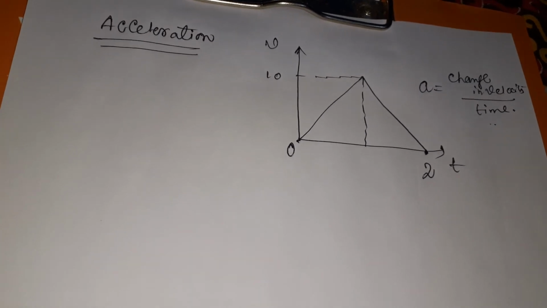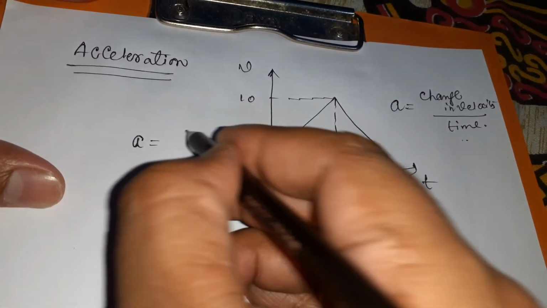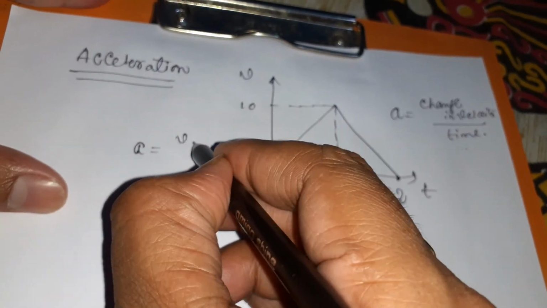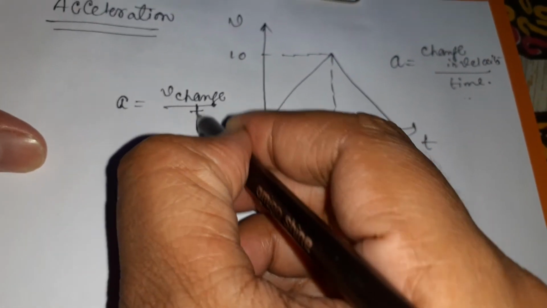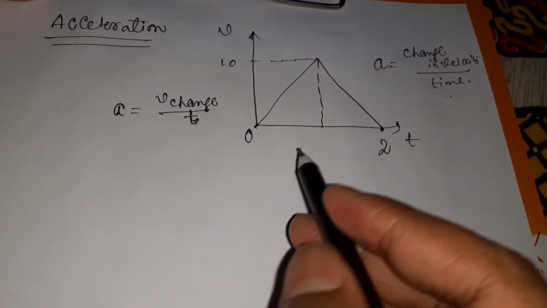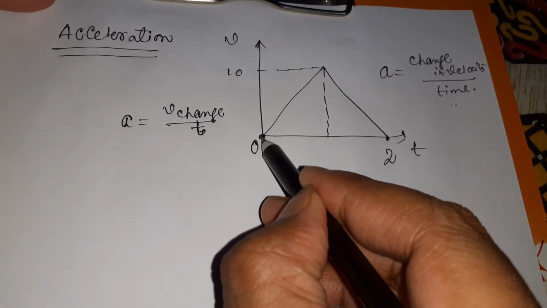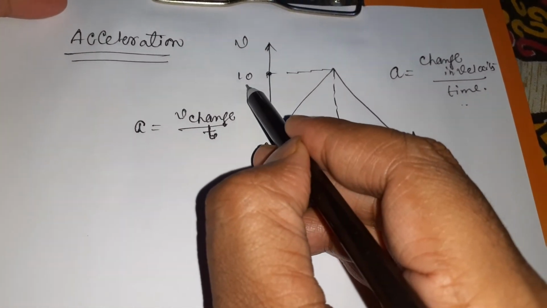So basically what we have to calculate is acceleration, which is equal to change in velocity divided by time taken. We have to calculate this from here. What is the change in velocity? Velocity initially is 0. Final velocity is how much? 10 meter per second.